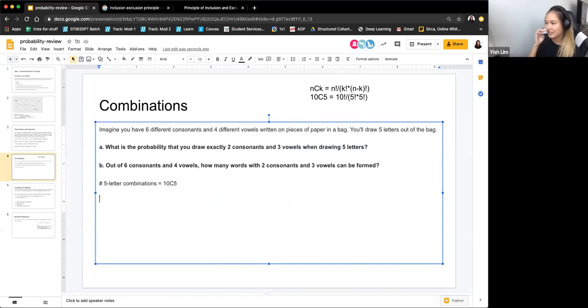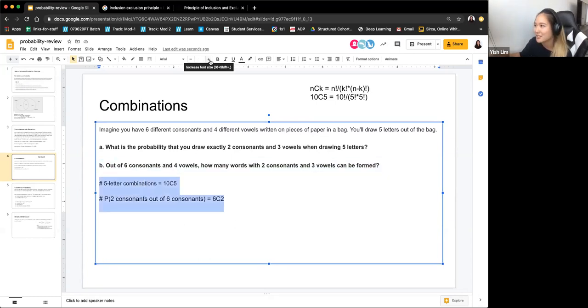Now, what's the probability that you draw exactly 2 consonants and 3 vowels? So let's take a look at drawing 2 consonants. So it's 2 consonants out of 6 consonants, and that is really just 6 choose 2. That makes sense? I have slight OCD, so I need the font sizes to be the same. There we go.